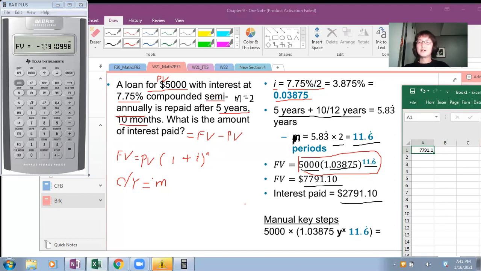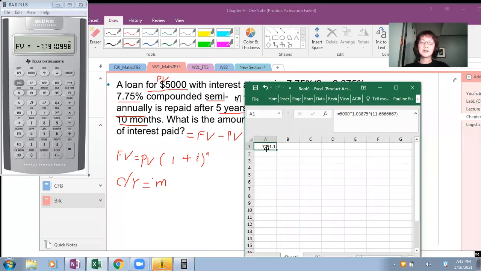In Excel, you can use the formula. Let me increase the font size.